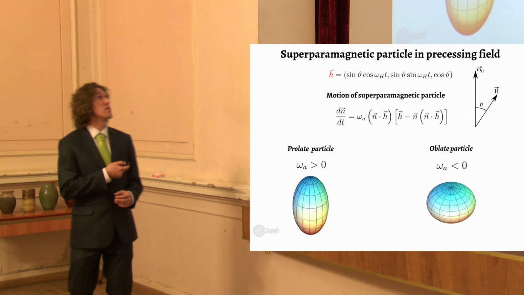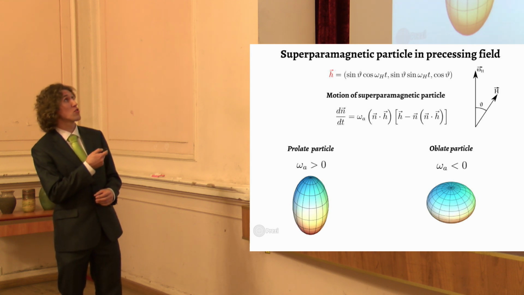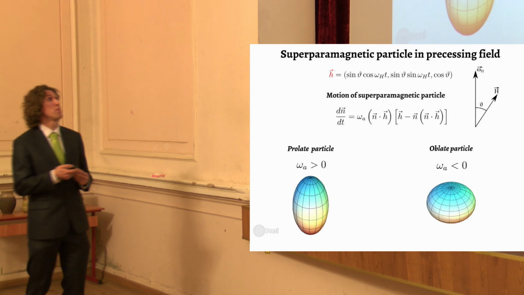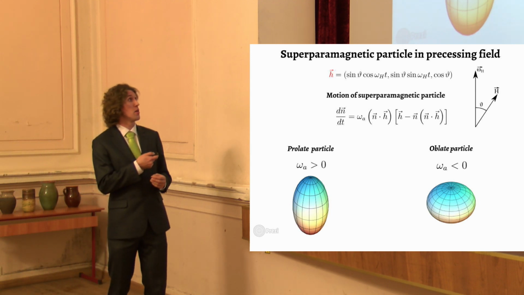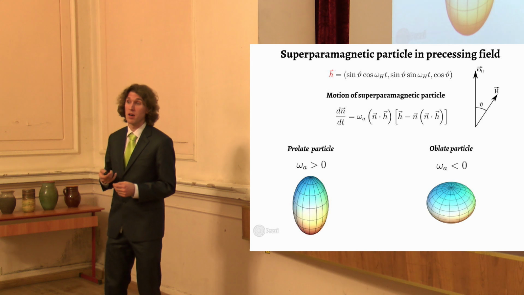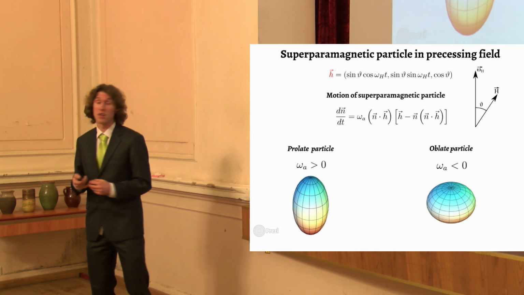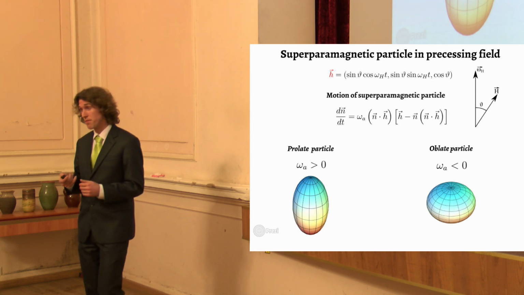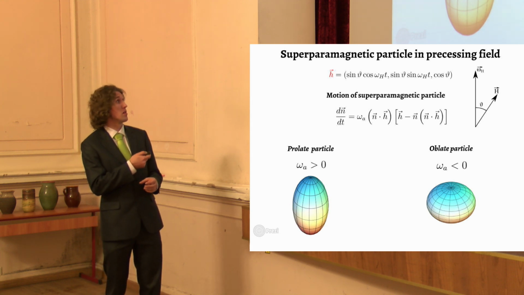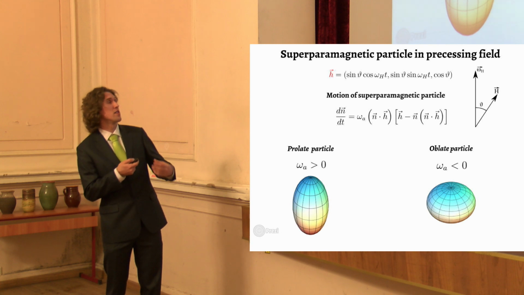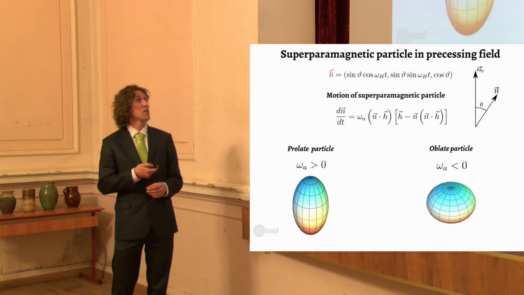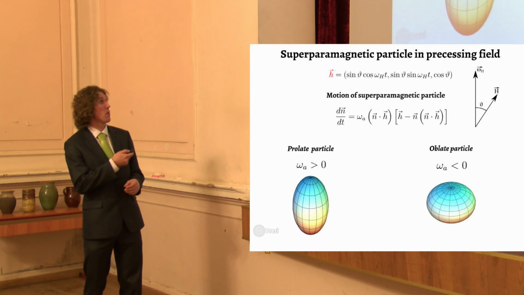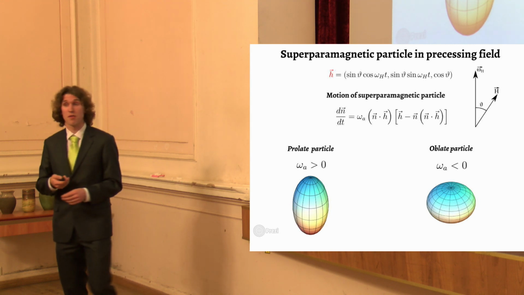The next part is using superparamagnetic particles, or just simple paramagnetic. These are particles where the magnetic moment is induced by the external magnetic field. But if the particle is not round but spheroidal, then the magnetic moment will try to align with the longest axis of the particle.